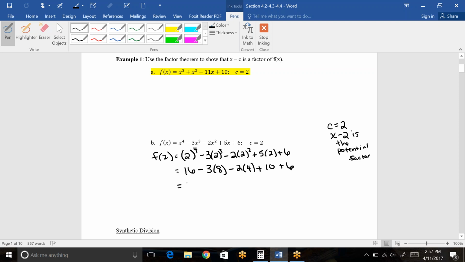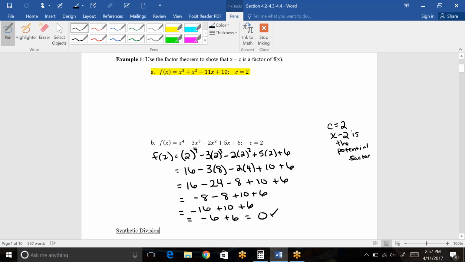I still have some multiplication. That would be 16 minus 24 minus 8 plus 10 plus 6. 16 minus 24 is -8. -8 take away 8 more is -16. -16 plus 10 is -6, and -6 plus 6 is 0.